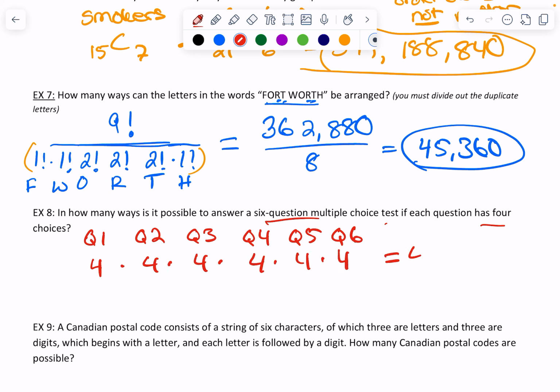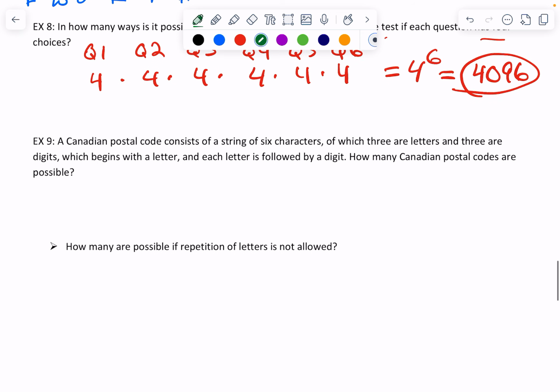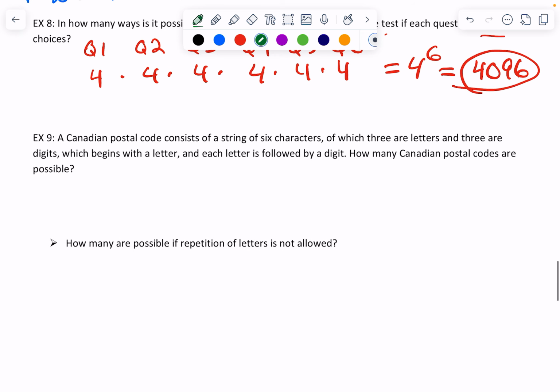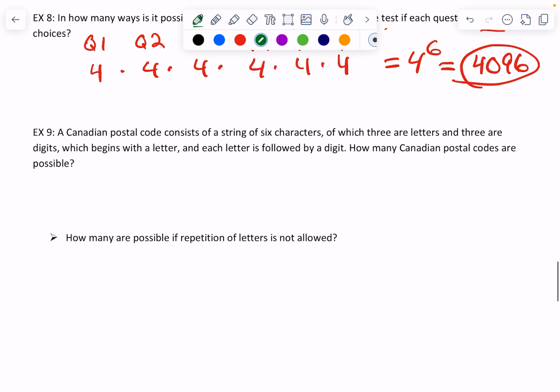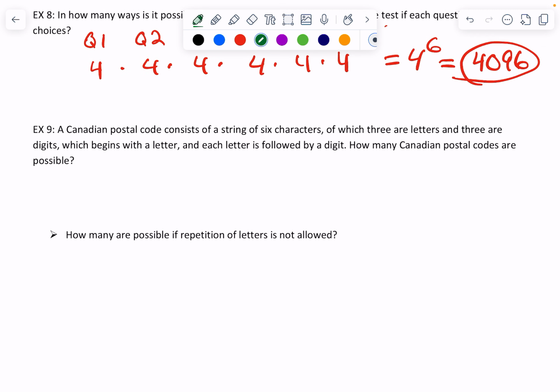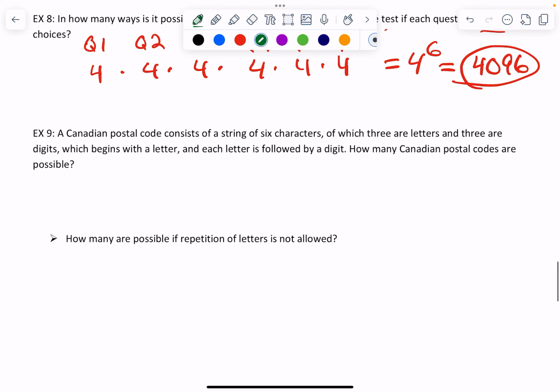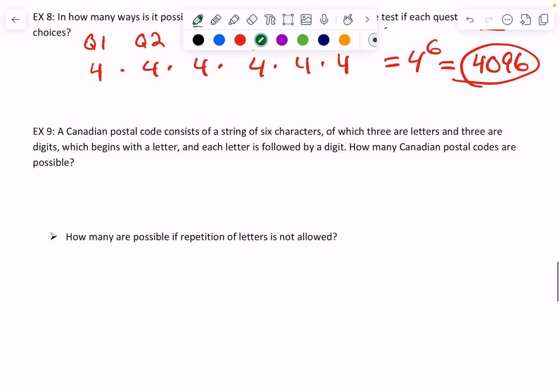Example 9, a Canadian postal code consists of a string of 6 characters, of which 3 are letters and 3 are digits, which begins with a letter and each letter is followed by a digit. How many Canadian postal codes are possible? So, for example, it can be like 6F2S9 or something like that.